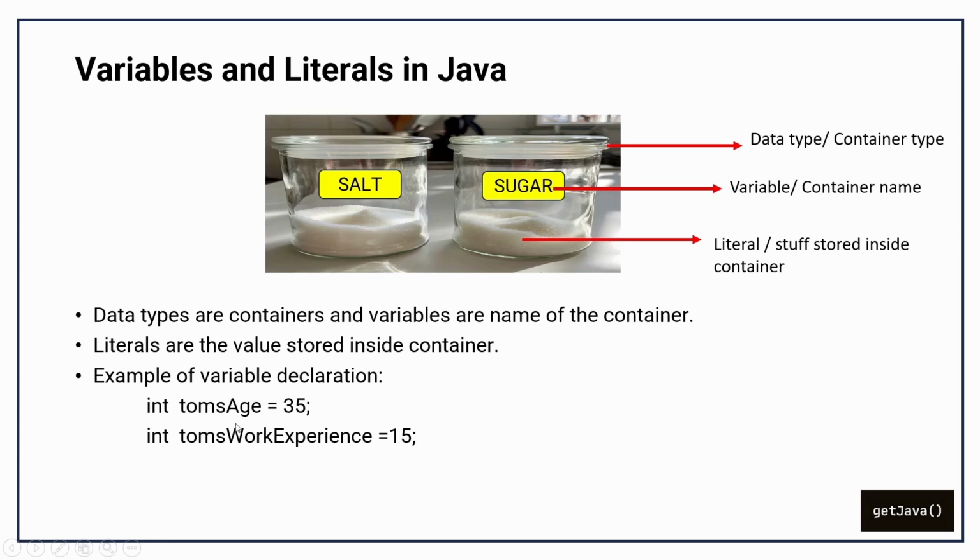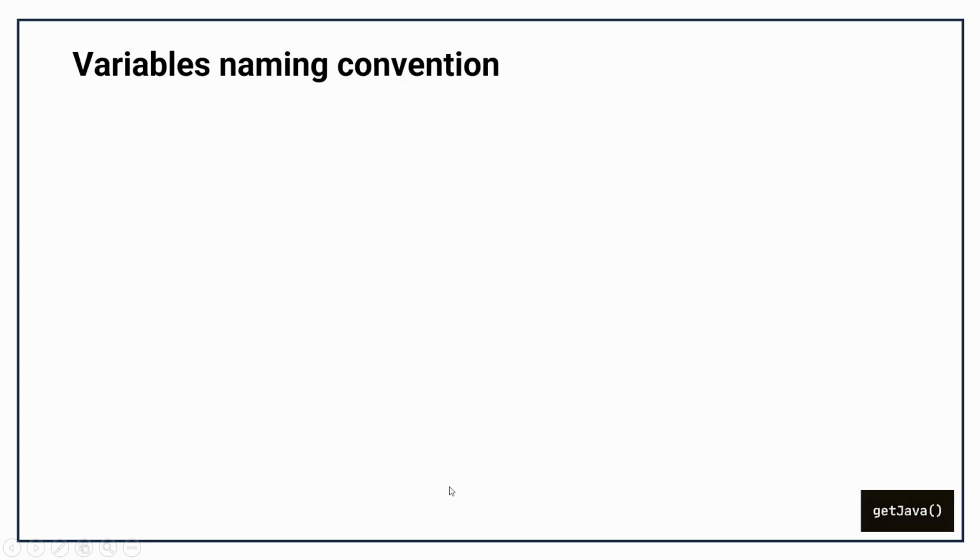Now for the name which we use for the variable, there are certain rules which we have to follow while naming these variables, which we will be seeing. As I said, this is the data type, this is the variable, this is the literal. Now talking about naming conventions, there are certain rules which we follow while naming a variable.